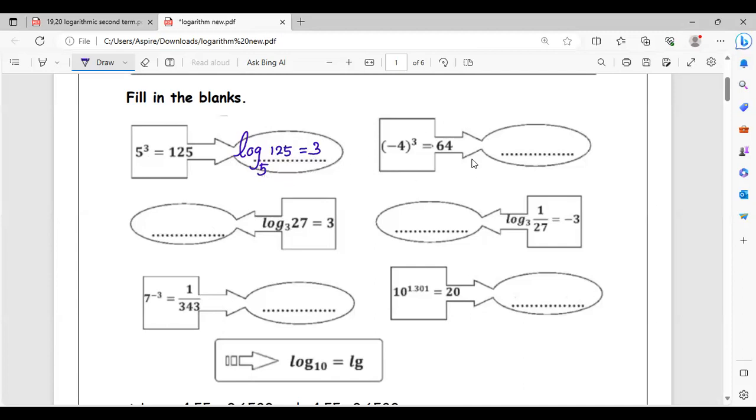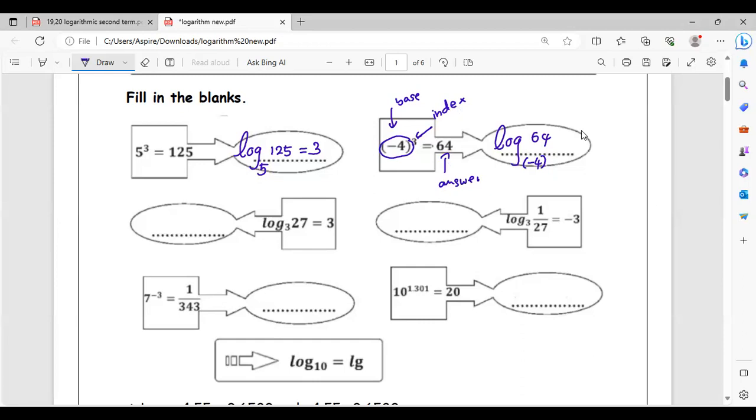Okay, so here it is logarithm of 64 to the base -4, because the base here is -4. Identifying the base, index and the answer separately is very important when it comes to the index form and the log form. Okay, this is the answer.